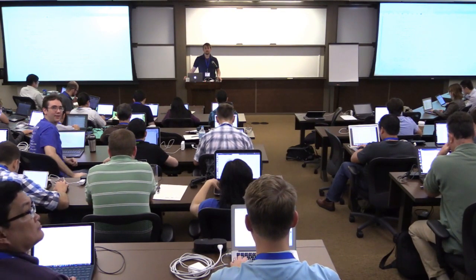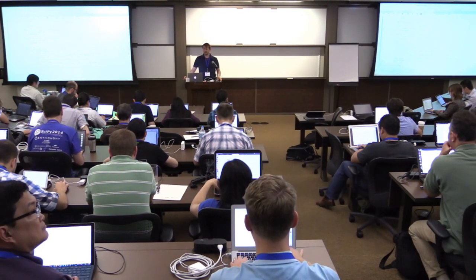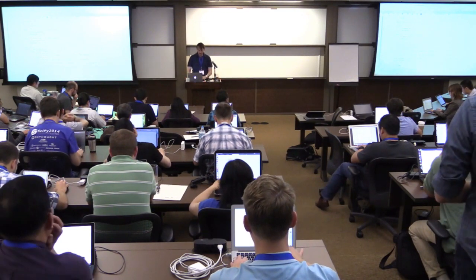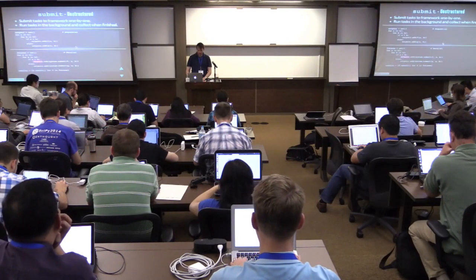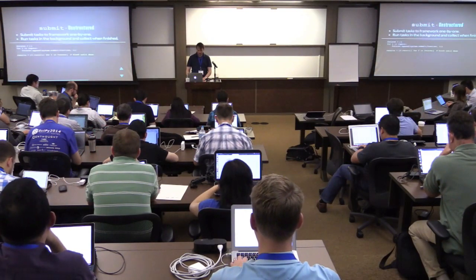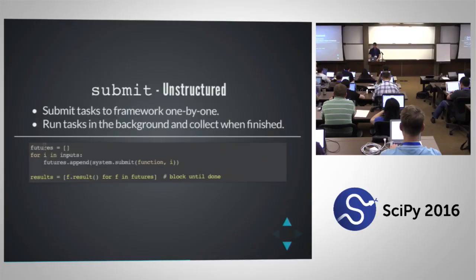You can see it clearest in this slide: this is map right here. We have our futures, iterate through the inputs, submit, calling that function with the input. That's what map is. So if you can implement submit, you have implemented map, basically.